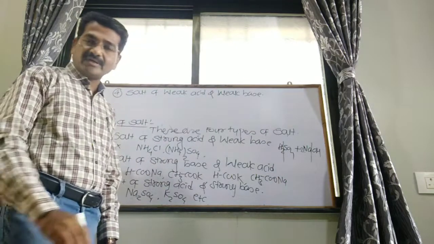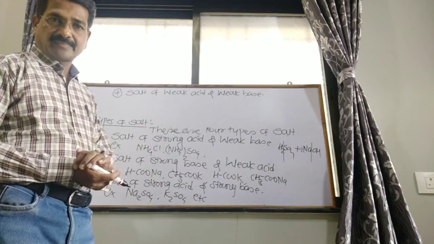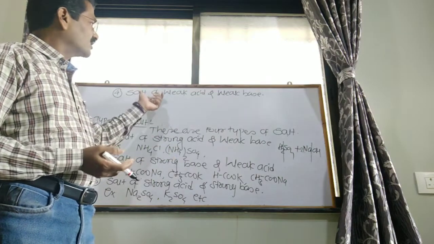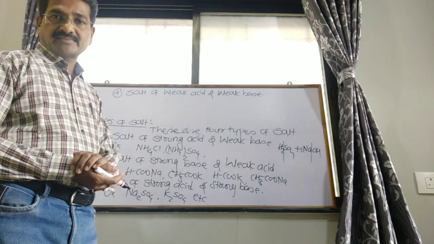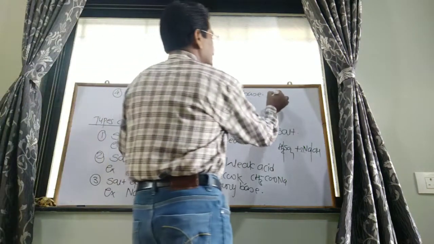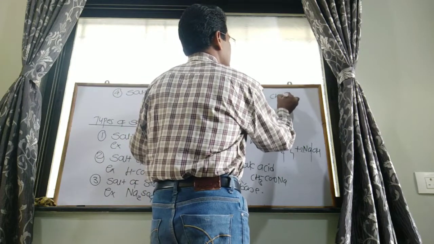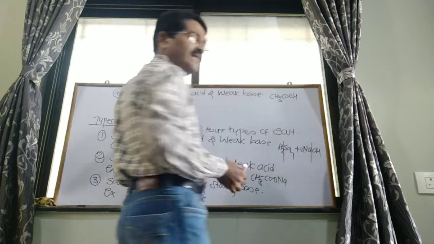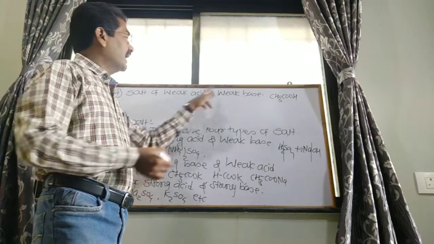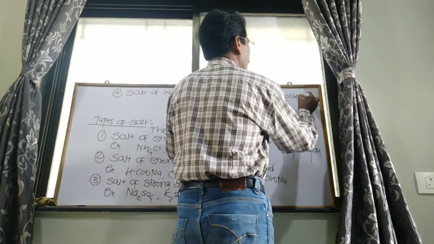How to form the salt of weak acid and weak base? Suppose CH3COOH, acetic acid, is the weak acid, and the weak base is NH4OH.